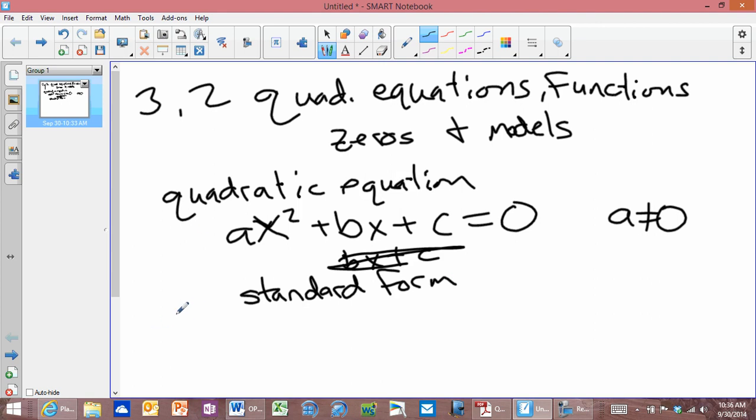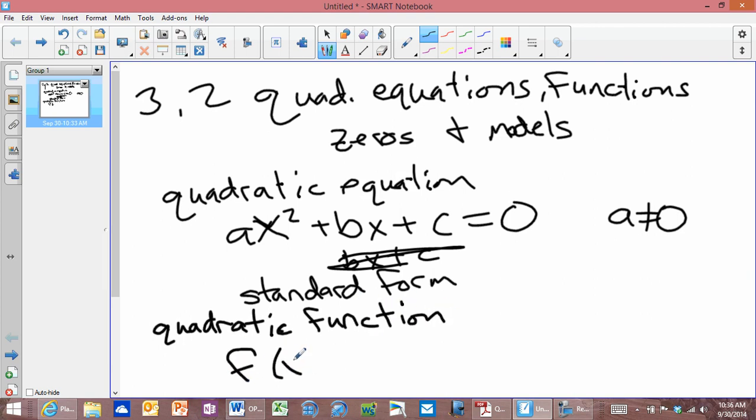But then you also have quadratic functions. The only difference is that a quadratic function is written in function notation. So function notation is f of x equals ax squared plus bx plus c. A can still not equal 0, so you have the same thing.